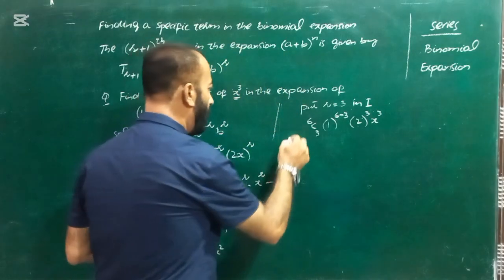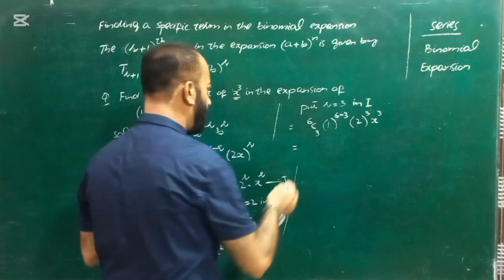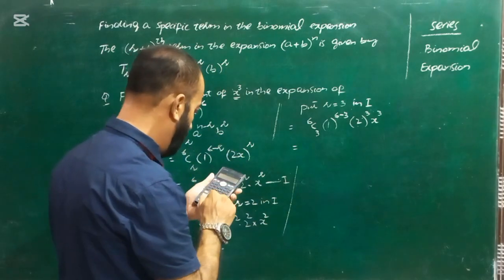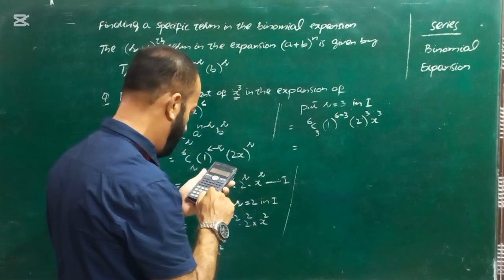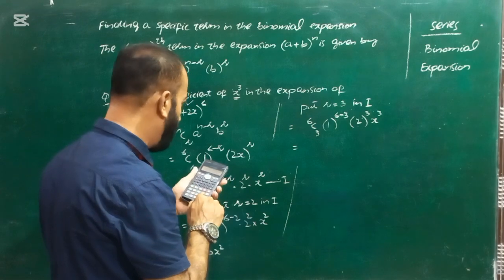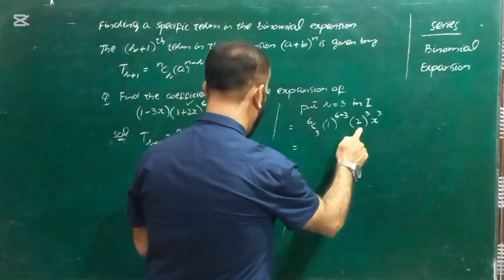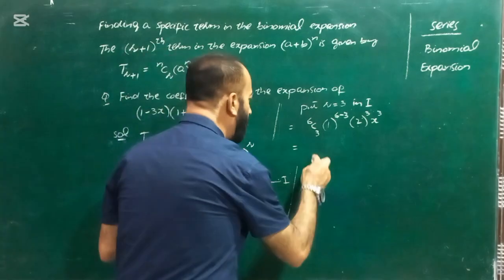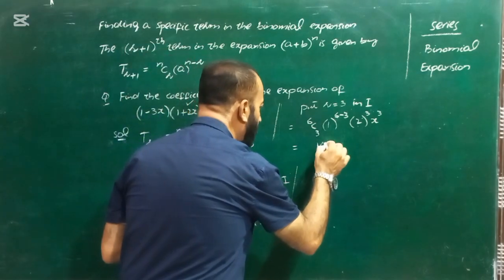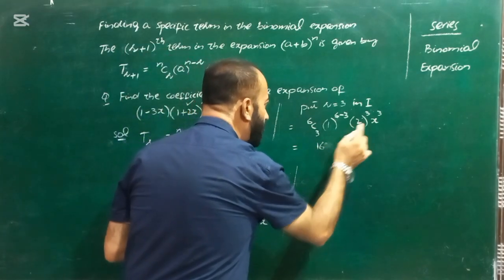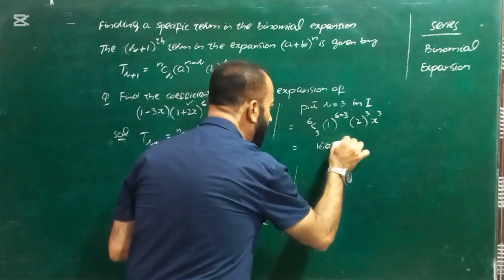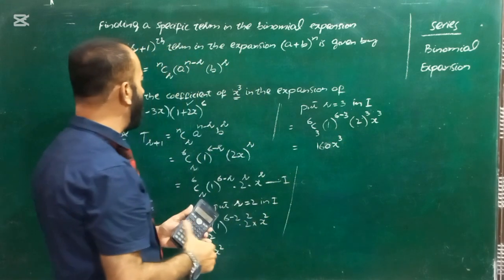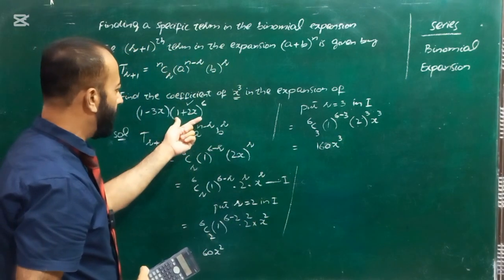So solving it now, 6c3 into 8 is making 160. So 160 x cube. So these two terms are actually from this bracket.